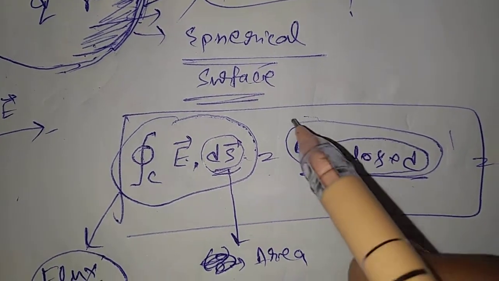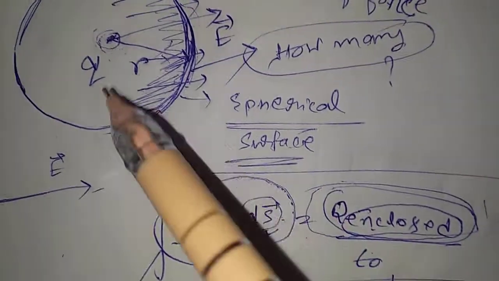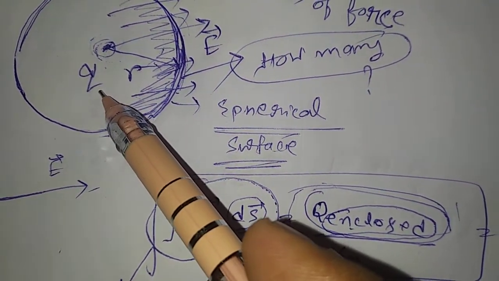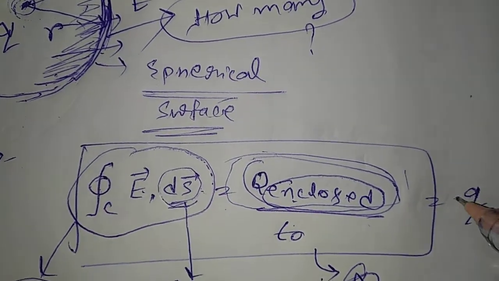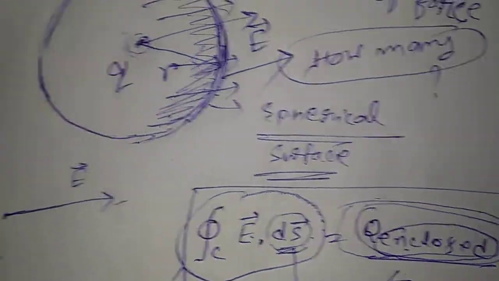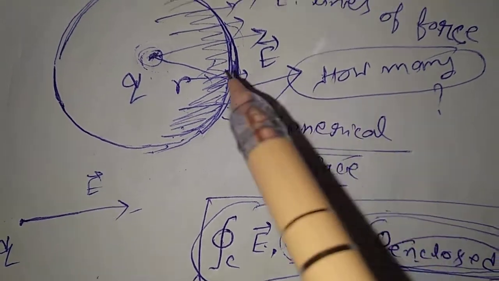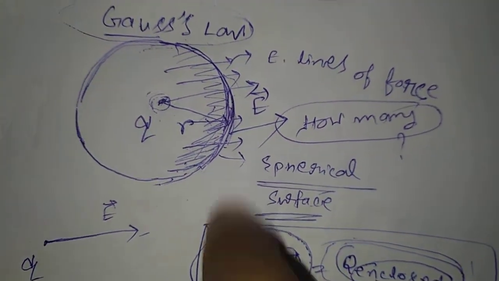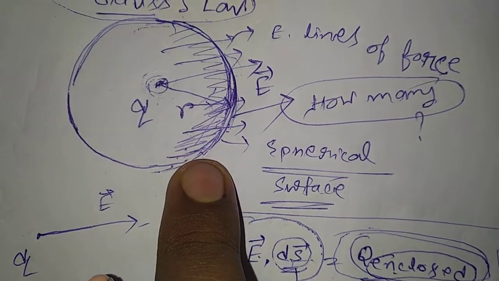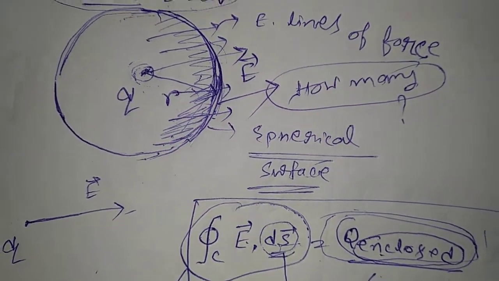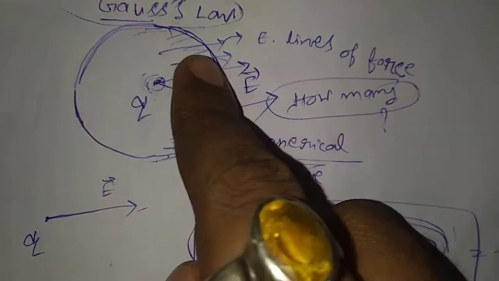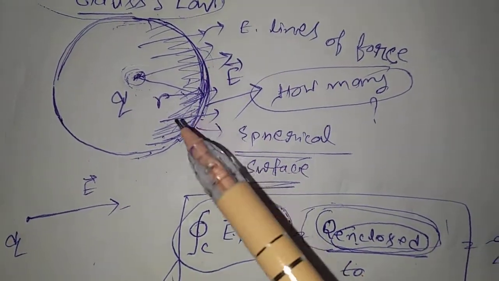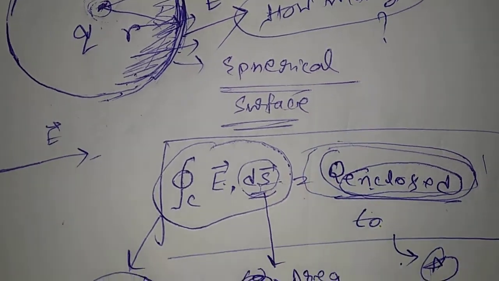Q enclosed means how much charge this spherical surface encloses, that is small q, divided by epsilon naught, and ds is the area vector or area element of the surface. That means if your spherical surface is, say, a ball, the surface of that ball is the area element ds.